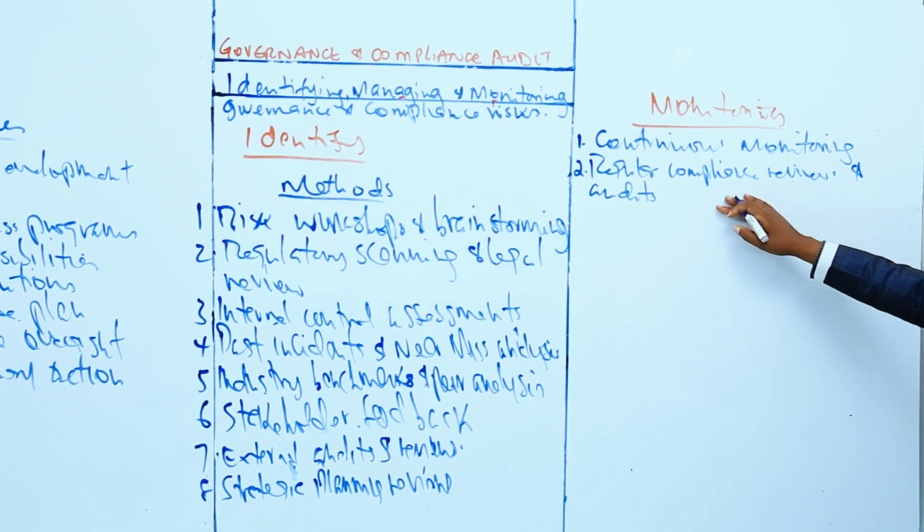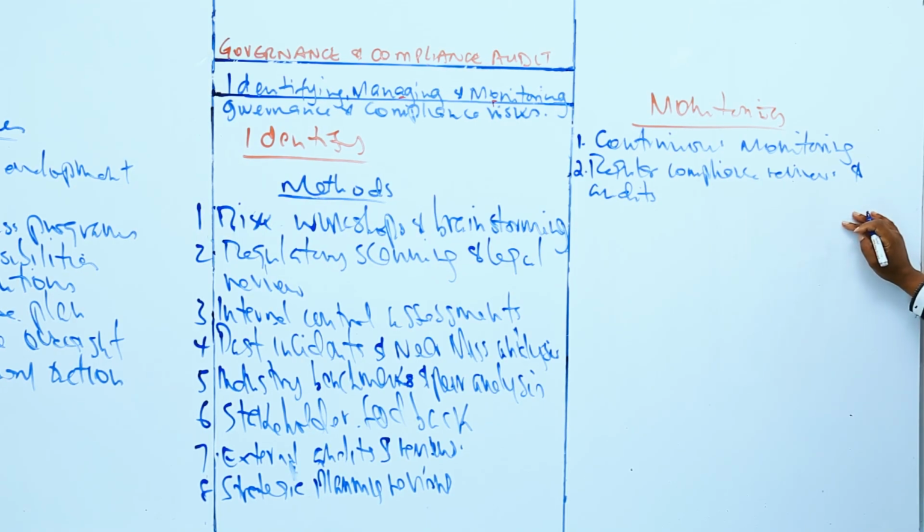Regular compliance audit may also involve periodic legal audits conducted by external legal counsel. For example, you may have what we call annual statutory governance audits for listed companies as per the capital markets requirements.